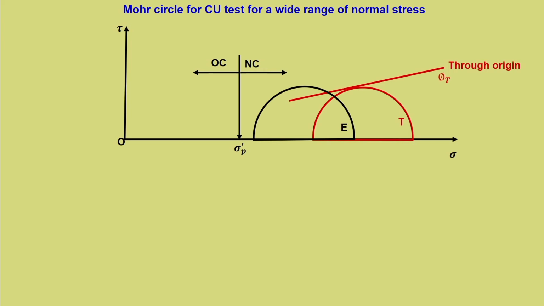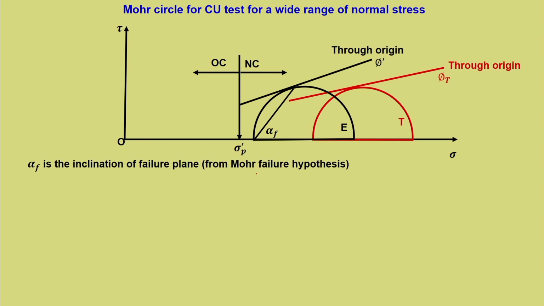The effective stress circle and the failure envelope, which is denoted by phi dash, this also passes through origin. Now, what is alpha f? Alpha f according to Mohr's failure hypothesis is the inclination of failure plane, which is nothing but 45 plus phi dash by 2, and that is as per the Mohr's failure hypothesis.